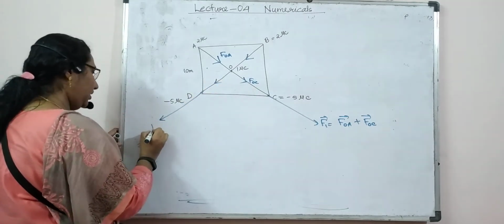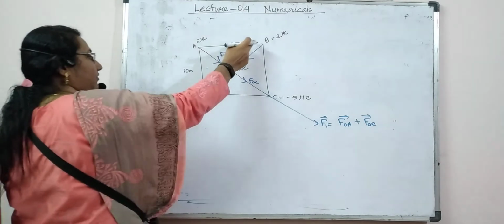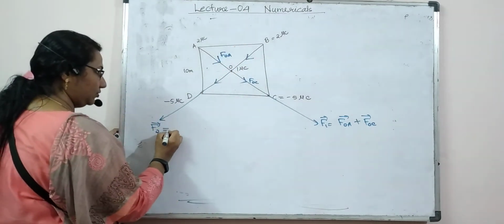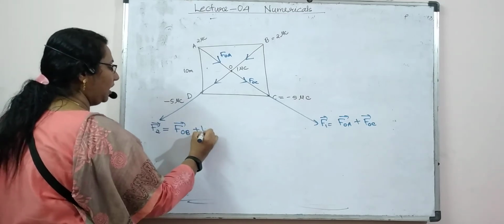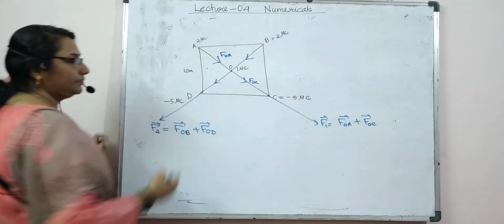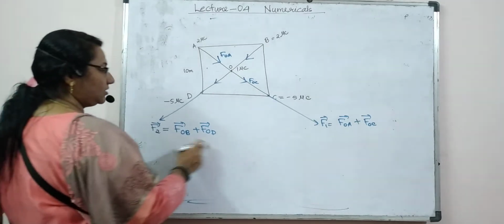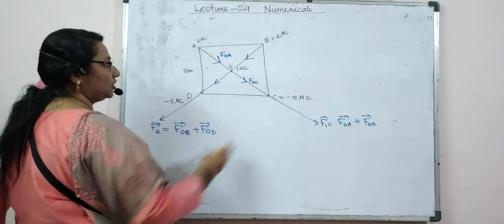The resultant of these two forces will be F2, FOB plus FOD. Okay. Have to take the magnitudes. You have to directly add because the direction is same.